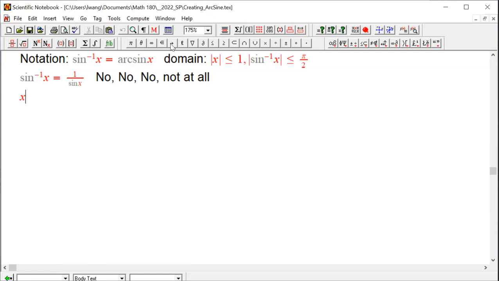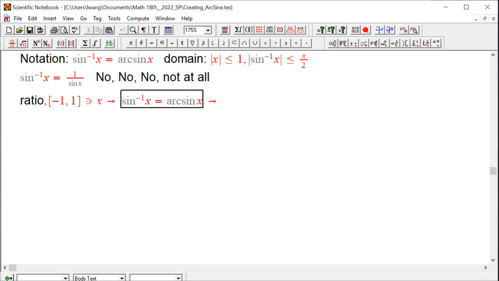So the input for this function, either one, these are ratios, but it cannot be any ratio. This ratio has to be between -1 to +1.